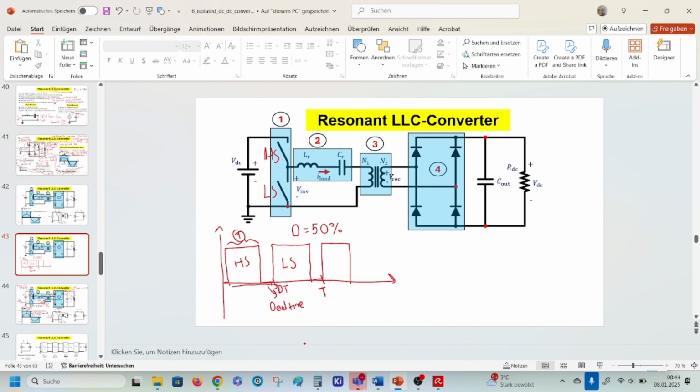High side switch is on, the current flows in this direction.